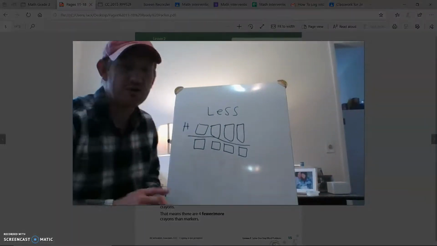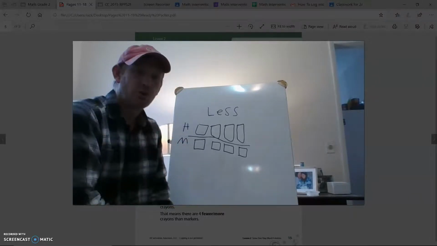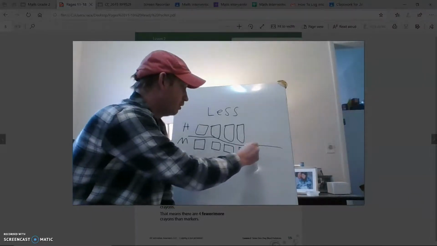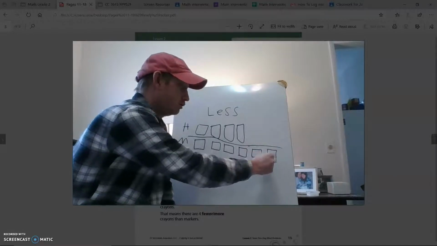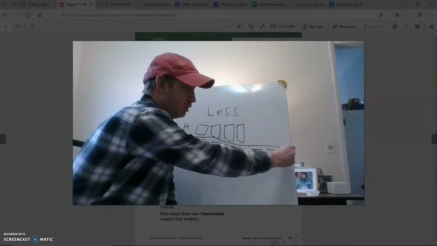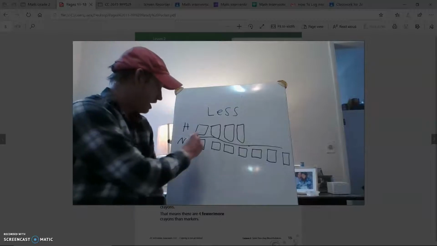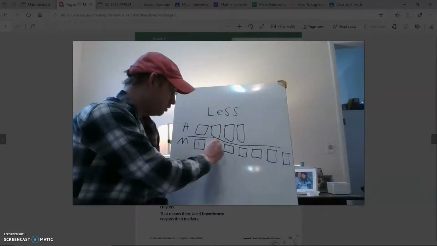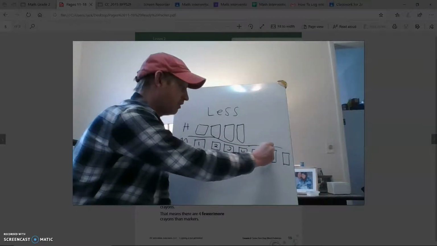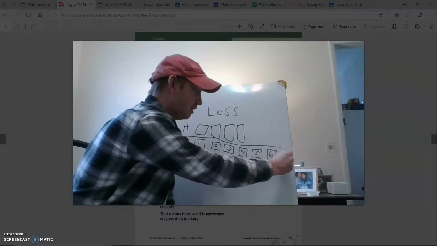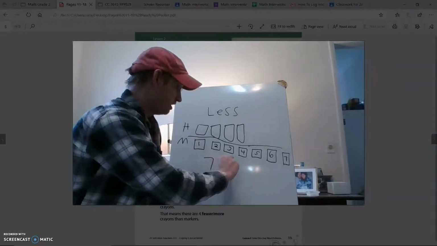So we're going to add 3 more mice, I'll put an M for mice, to our picture. 1, 2, 3. And now I can just count. I have 1, 2, 3, 4, 5, 6, 7. I have 7 mice.